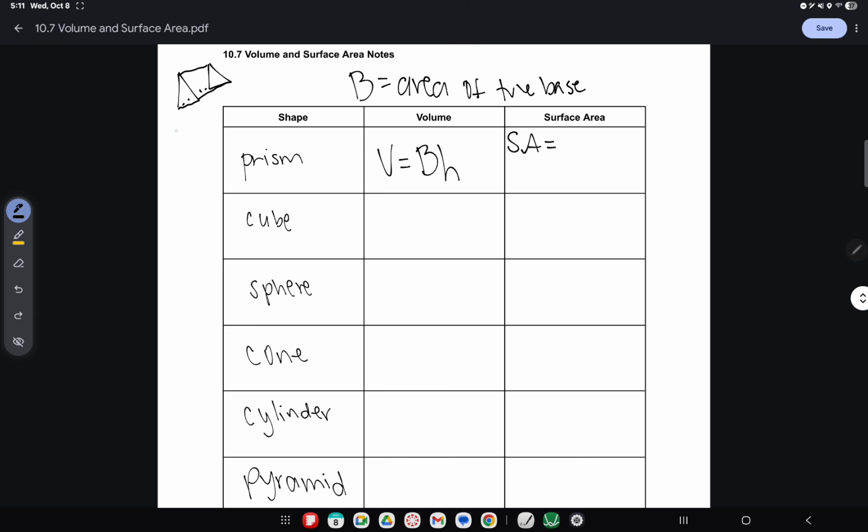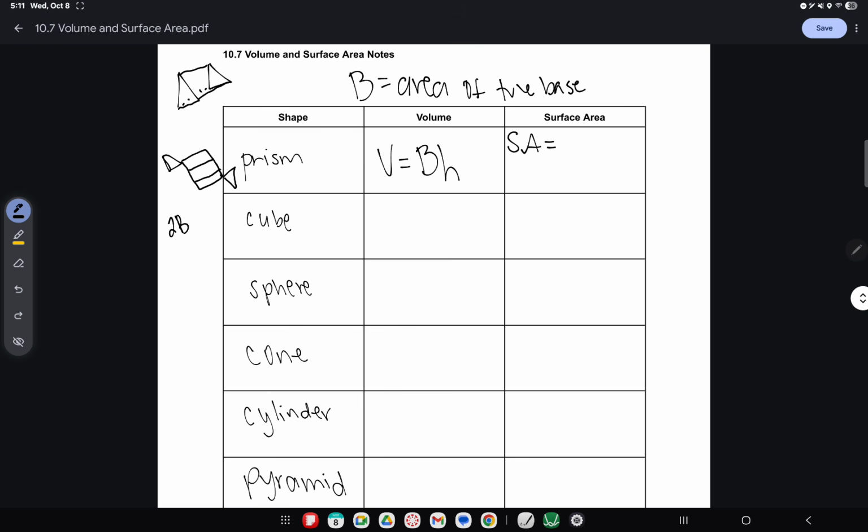So it's like if I flatten it. So I would have a triangle, and then I'd have 1, 2, 3 rectangles, and then I have a second triangle. So I'm finding all the areas of the little shapes.